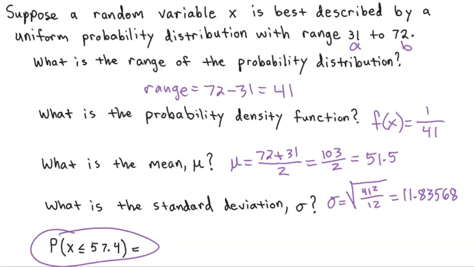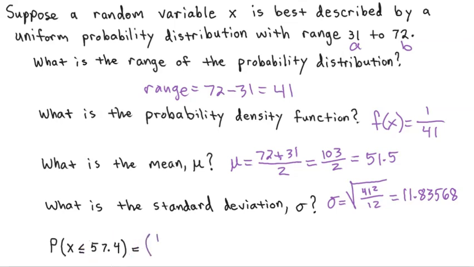And now we want to know, what is the probability that x is less than 57.4? Because it says less than, that means the bottom end of this interval is going to be A, which is 31. So this is going to be from 31 up to 57.4.